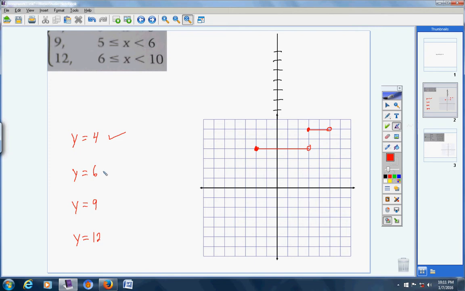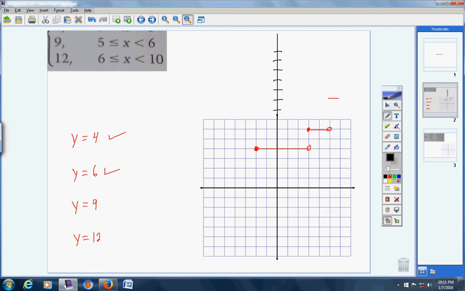Y equals 9. Okay, so this is 7, 8, 9. So I have a horizontal line going right through 9 right there. And the constraints are going to fall between 5 and 6. So 1, 2, 3, 4, 5. So right there is where it will start, and it will go to 6, which is right there.